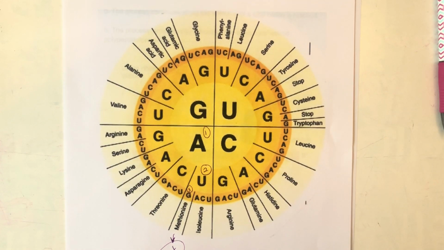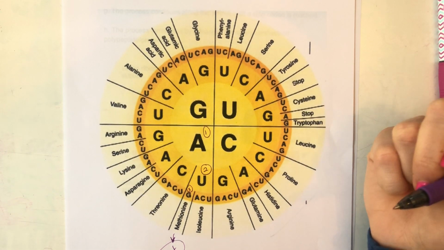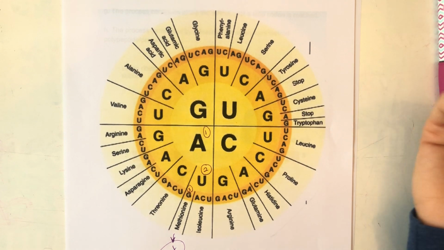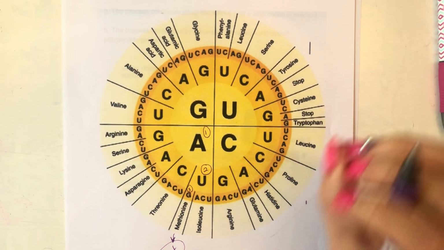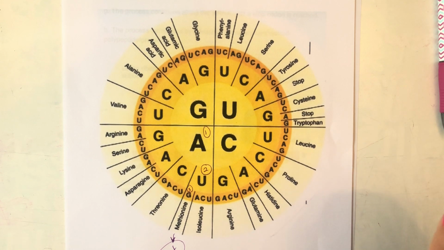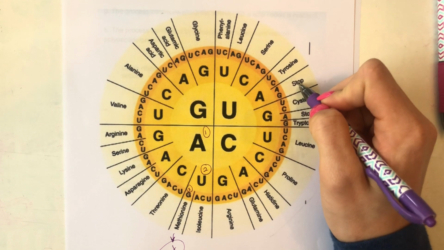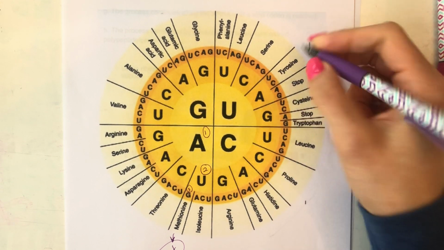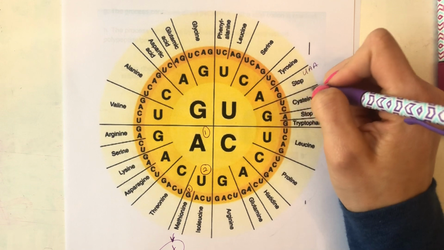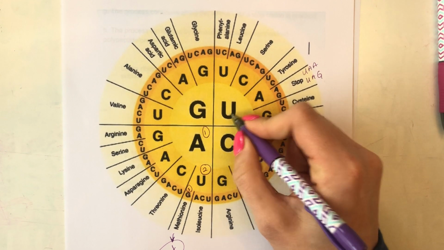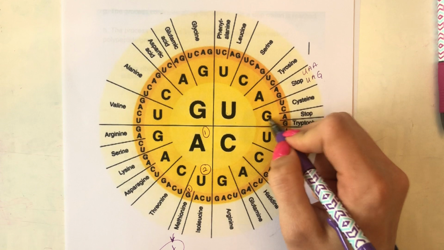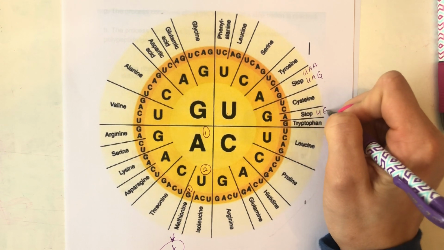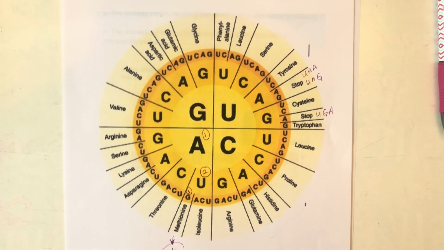Okay. There are a couple other things I wanted to point out on this wheel as well. There are 3 combinations for a stop. When we build a protein, the ribosome is going to read, it's going to start at a start codon, it's going to add amino acids until you get the specific protein sequence you want, and then it's going to reach a stop codon. And there are 3 of those. One of the stop codons you can find here is UAA, UAG, and UGA. Okay, those are your 3 stop codons.